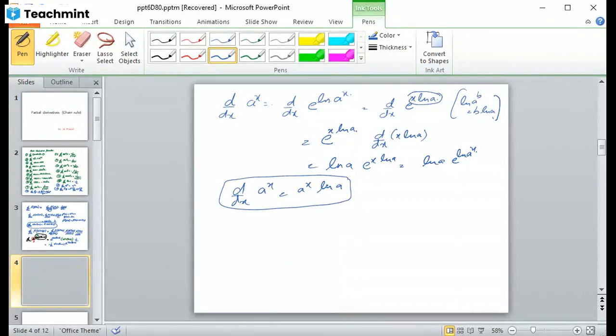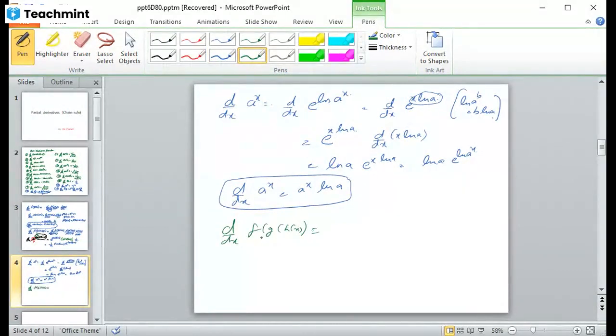So this is another formula for the derivative, but it can be easily derived from the exponential function only. Now this is the important key rule for the derivative of a composition of functions. So what is the key rule? If we have a composition of functions, say f of g of h of x, or any number of functions, we simply differentiate step by step.